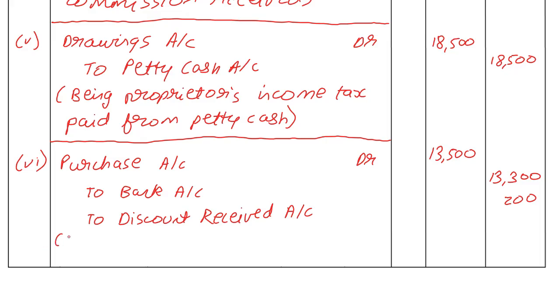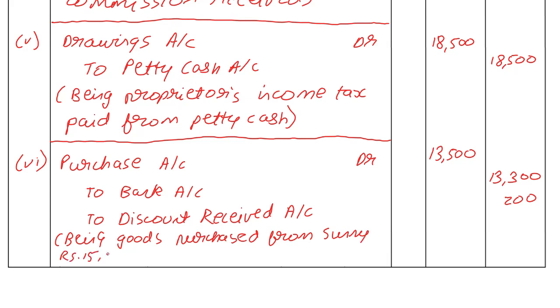Okay, so being goods purchased from Sunny rupees 15,000 with trade discount at 10%.